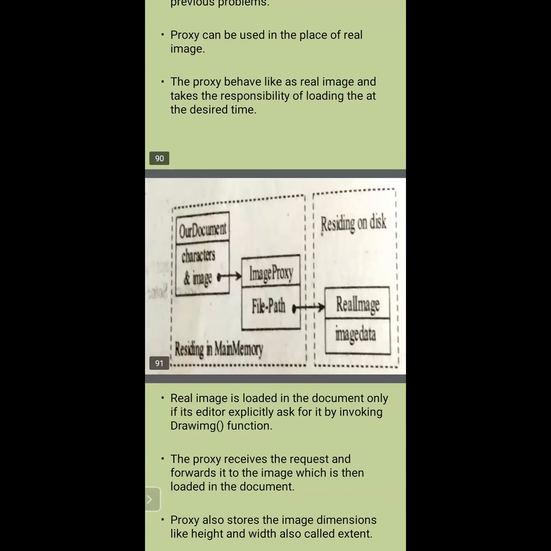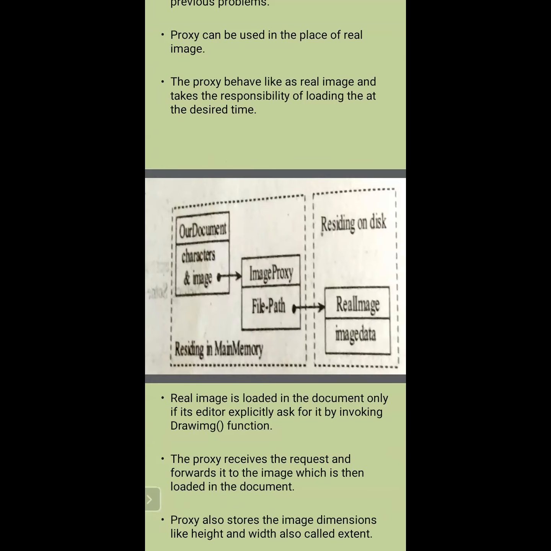For example, if you observe this diagram, we have document, characters, image proxy, and file path. Here the proxy is able to store the image dimensions and the path. Whenever a particular demand is generated, meaning which image is required, it sends the request to the real image.